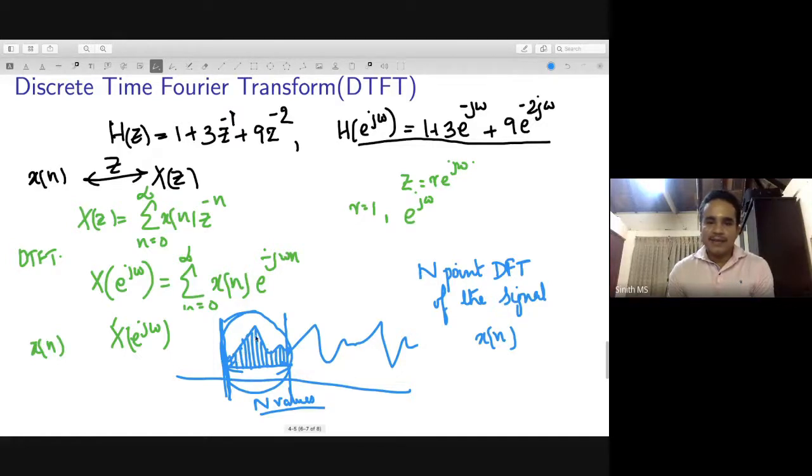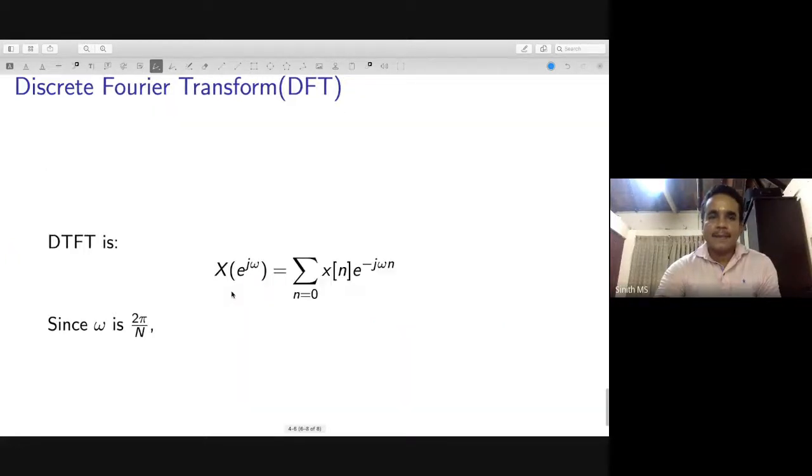These values form the values of the N-point DFT. Is that clear? Okay. So the N-point DFT is also called discrete Fourier transform.